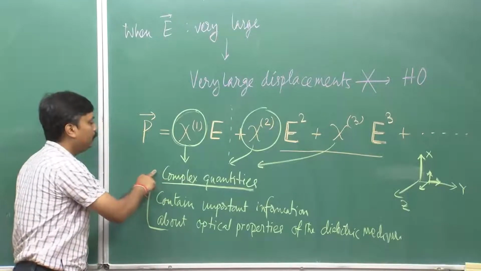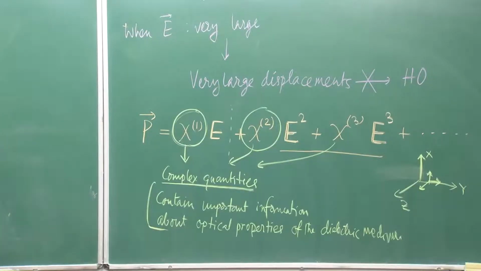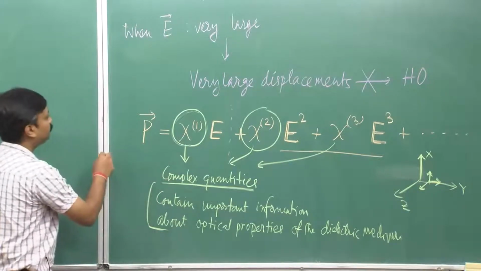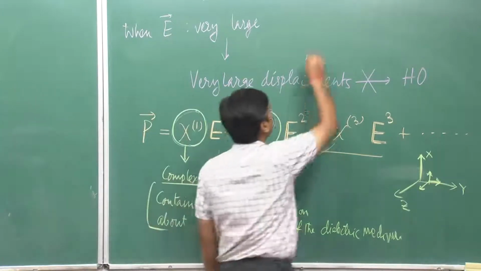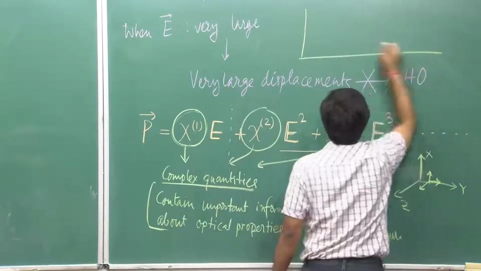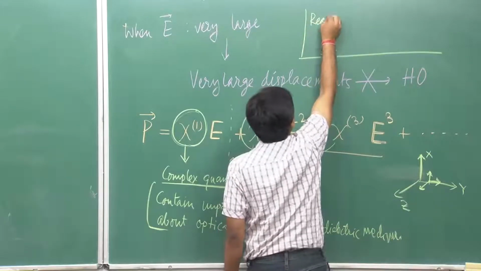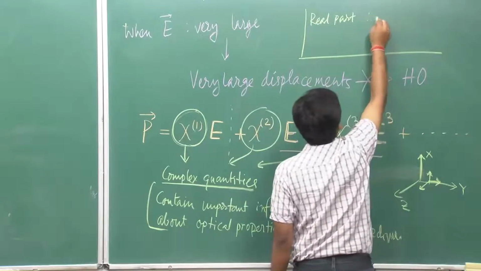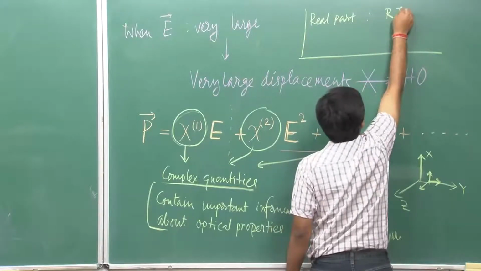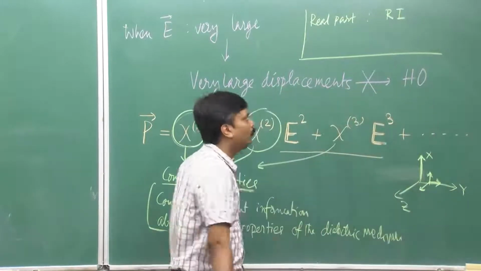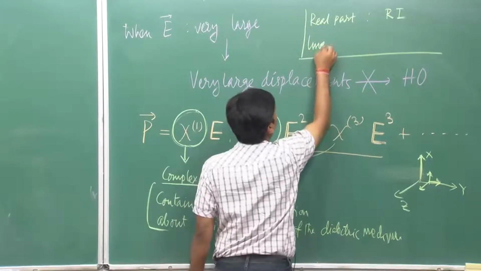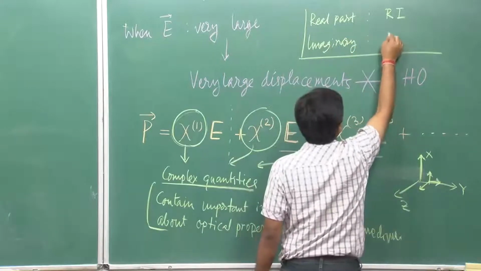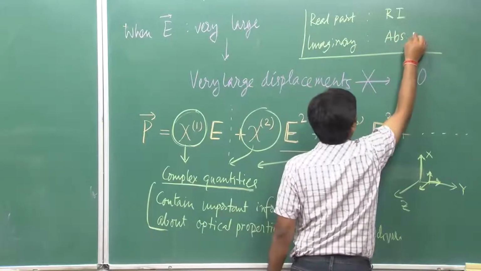These are complex quantities. They have a real part as well as an imaginary part. So, the real part of chi will give us information about the refractive index of the medium, while the imaginary part will give me the information about absorption coefficient.